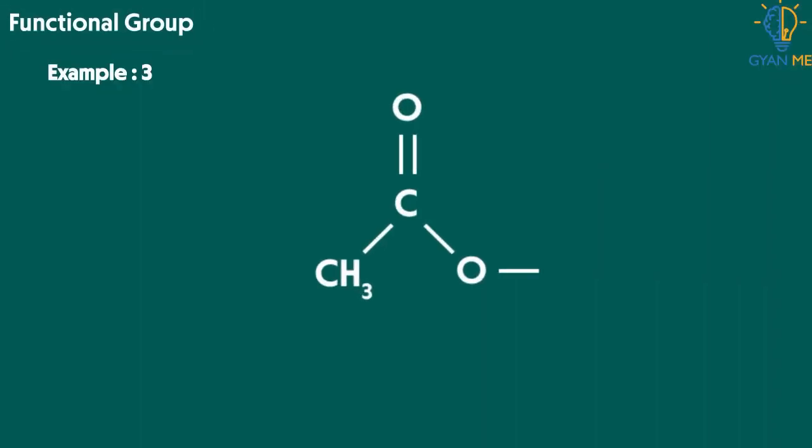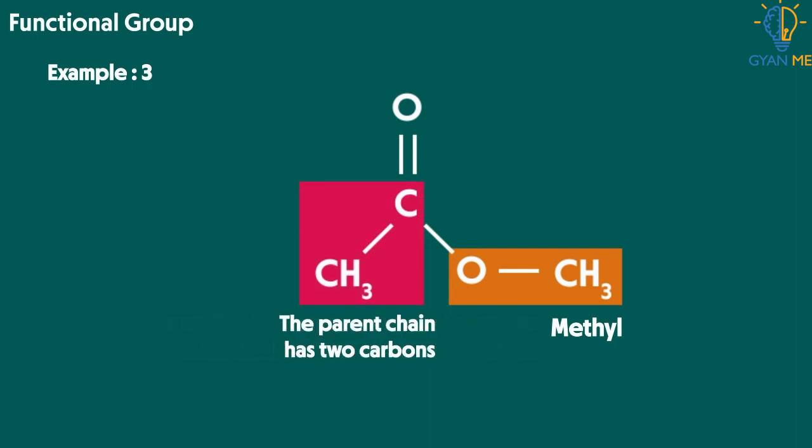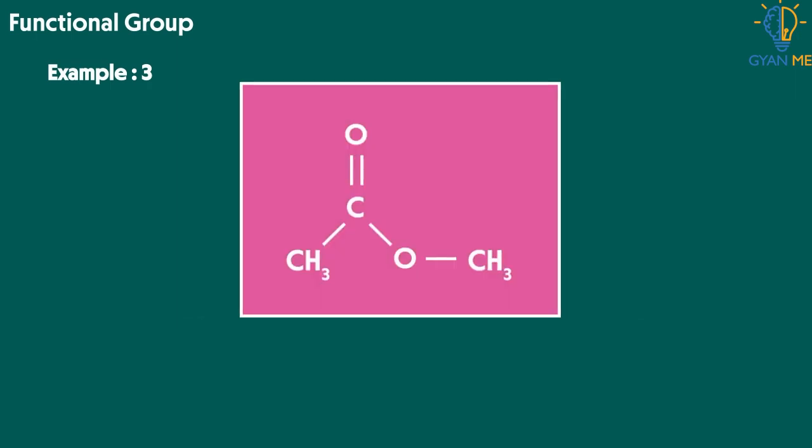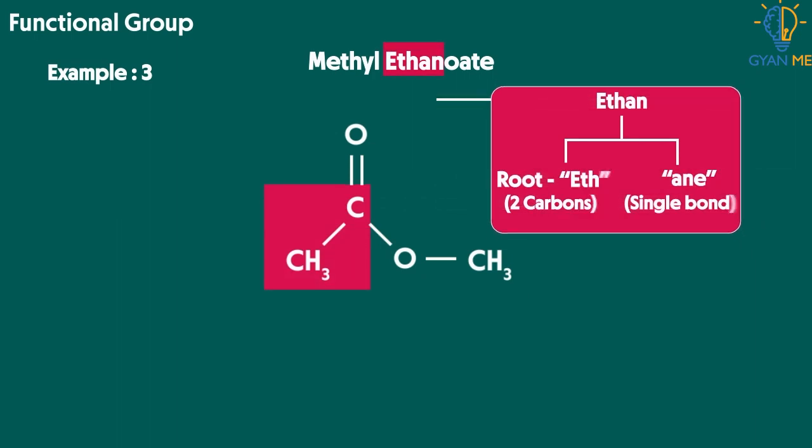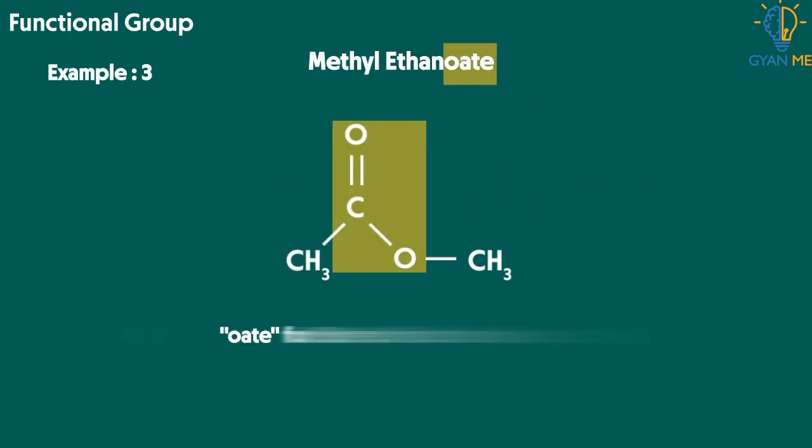For example, say the methyl group joins with oxygen and the parent chain has 2 carbons. Thus, the new compound formed is methyl ethanoate. Ethane stands for saturated hydrocarbon which has 2 carbon atoms and -oate for the ester functional group.